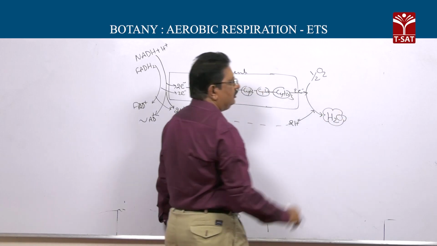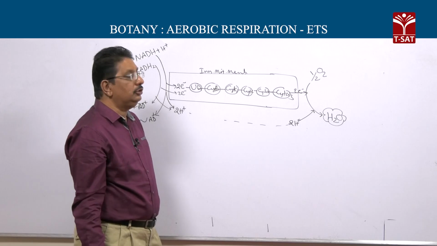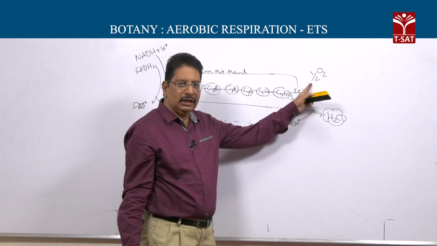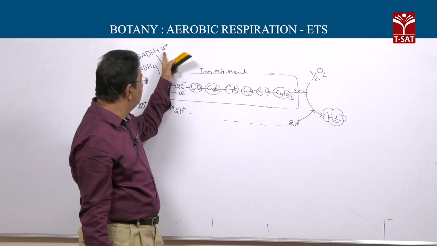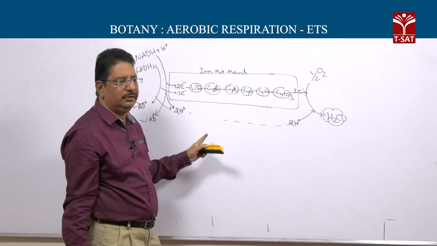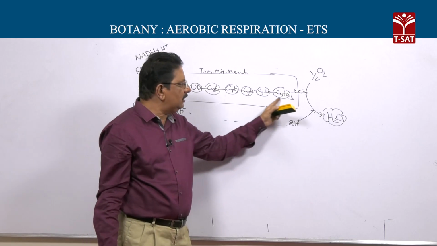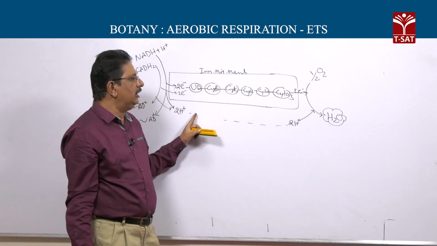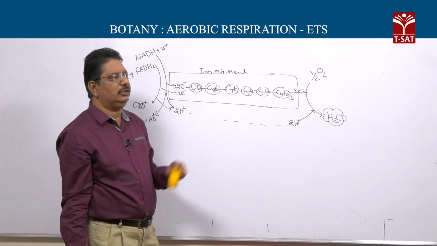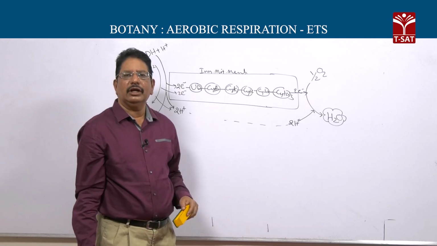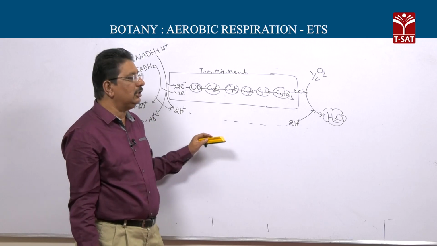So water is formed due to the reduction of oxygen, and reduction of oxygen is because of oxidation of reduced coenzyme. And electron transfer always takes place in accordance with redox potential values.